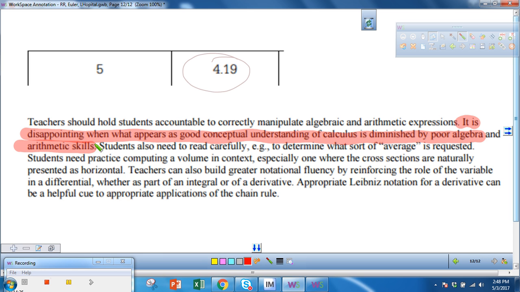So make sure that you know your algebra, and if you're not sure on your arithmetic, on adding fractions, don't try. Just leave it the way that it is. Don't try to simplify. You need to differentiate between average rate of change and average value.